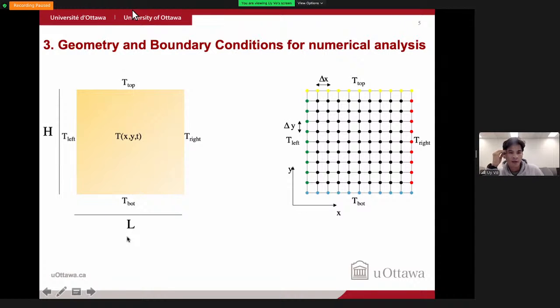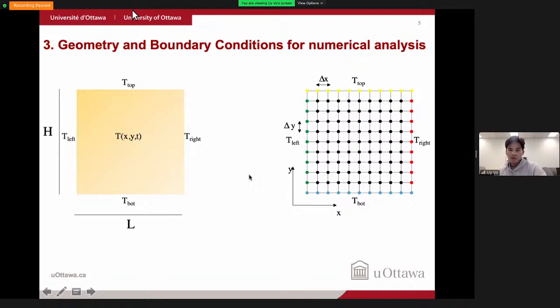So we have the top, left, right, and bottom with a fixed temperature, and the dimension of the length and height of the material is L and H. So what we want to have is the temperature variation with time and the X and Y axis of the material.